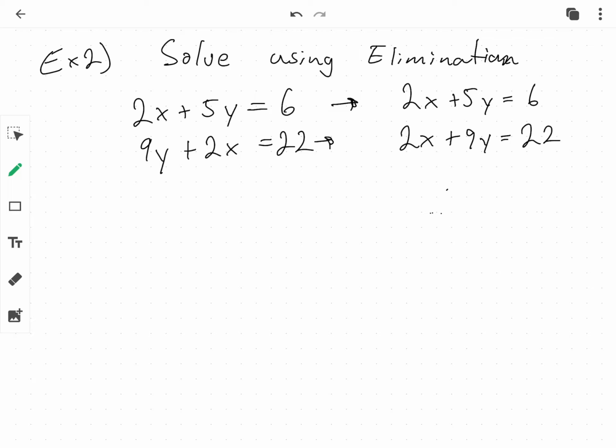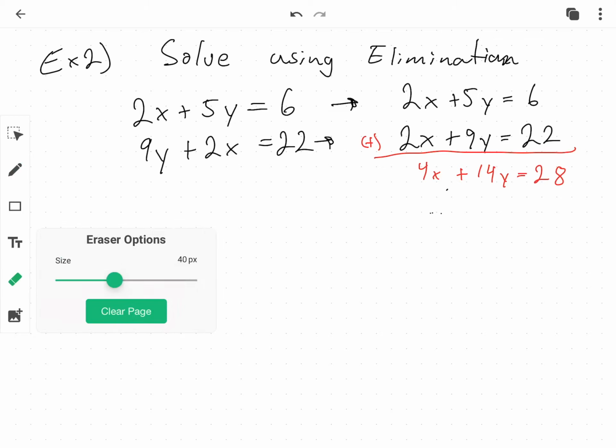So the problem is if we added our two equations together, we would have 4x plus 14y equals 28. Our variables were not eliminated, so adding will not work. We need to actually subtract the equations from each other.